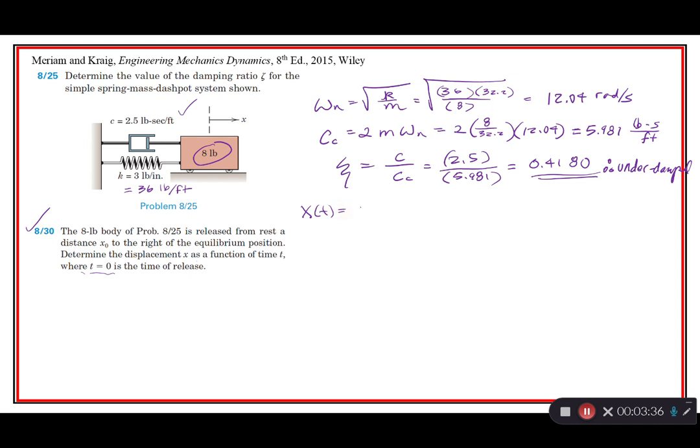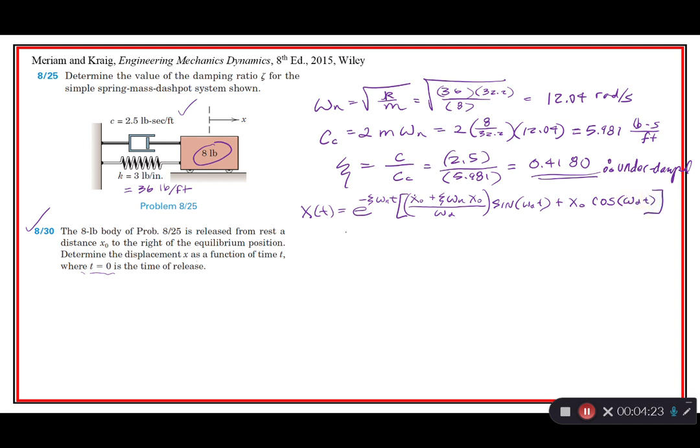It looks like e to the minus zeta omega n t, times the quantity: initial conditions x dot naught plus zeta omega n x naught, over omega D, times sine omega D t, plus x naught cosine omega D t. All right, so that's our form.